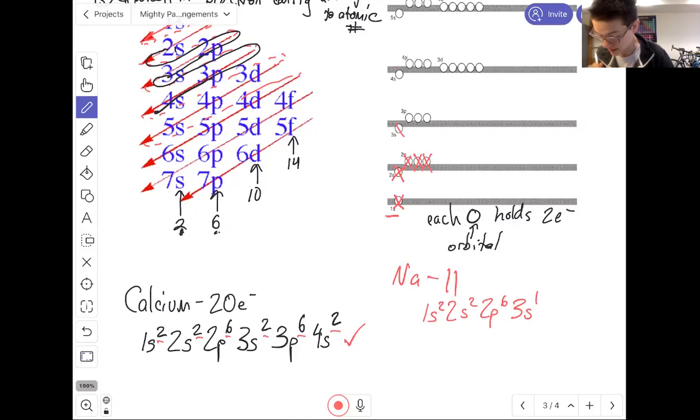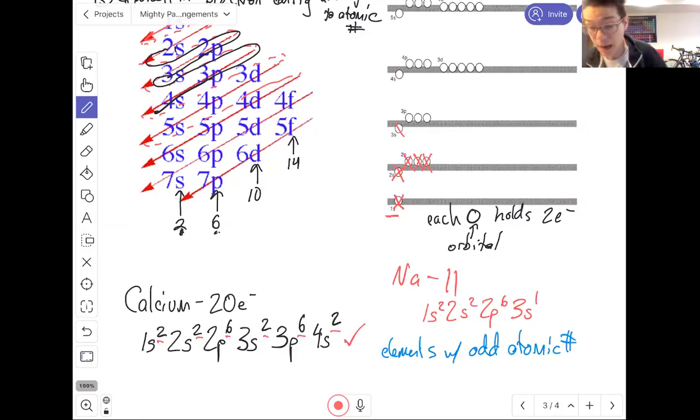So there is a nice thing to remember. Elements with an odd atomic number, right? 11, 19, 41.